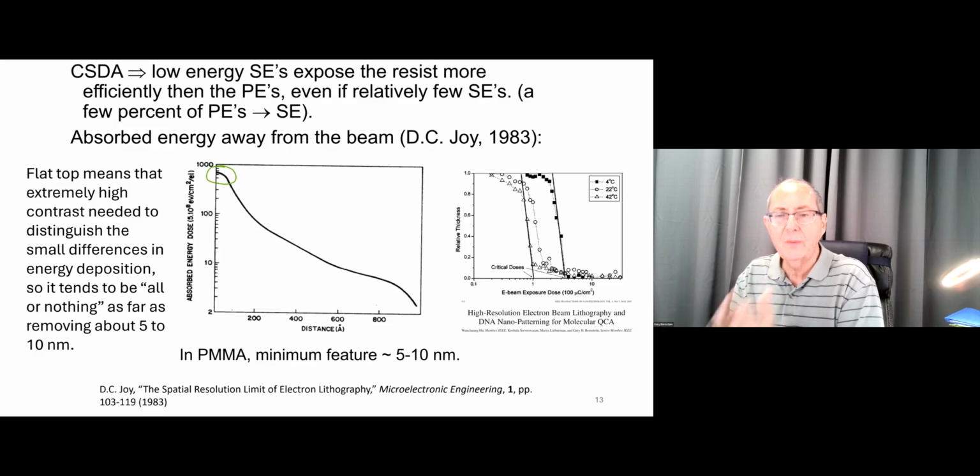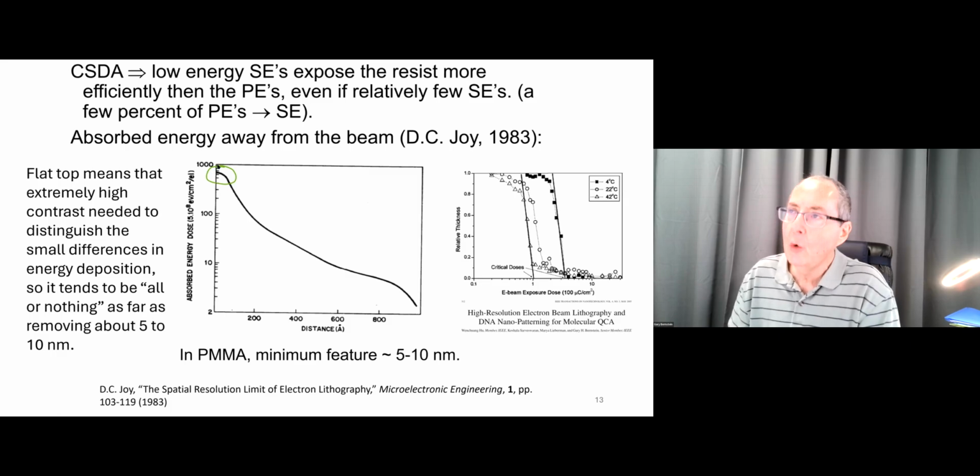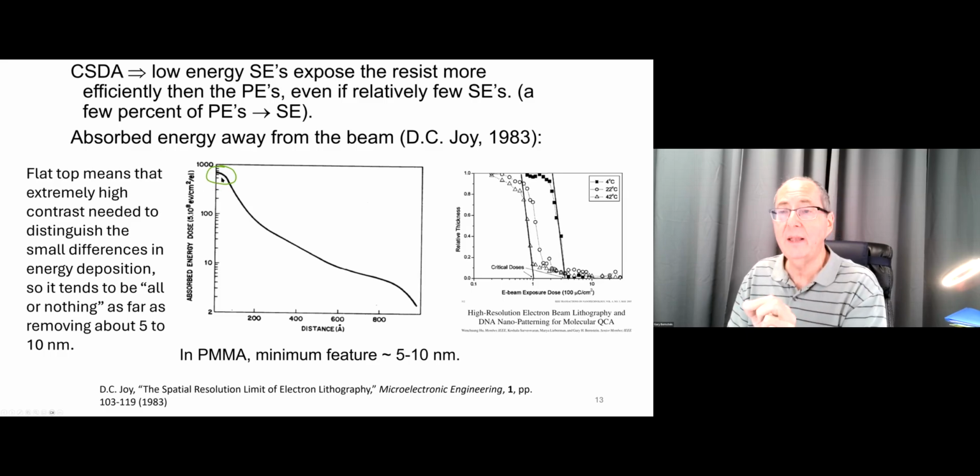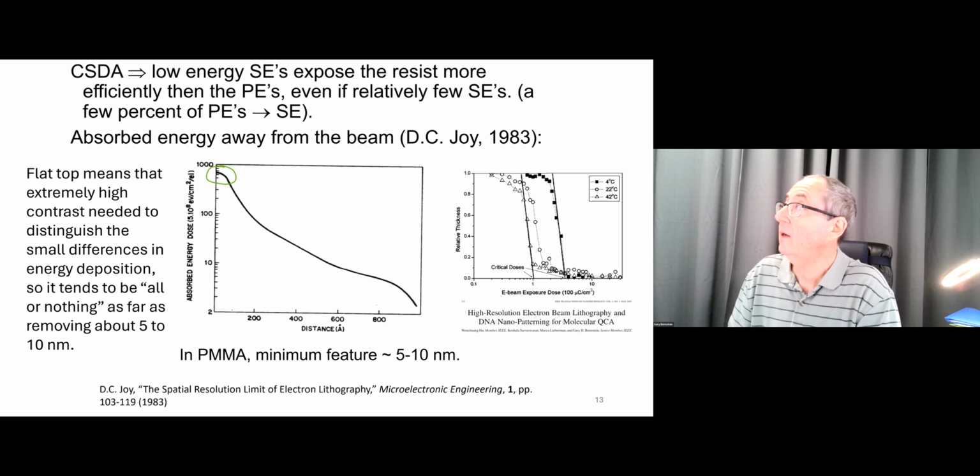And this, to me, explained why, for dozens and dozens of papers that I had seen many years ago about E-beam lithography, nobody ever reported any single line that was less than 10 nanometers in PMMA. So it's good to keep in mind what really is going to limit your dose for a single isolated line. Now, for lines that are very close to each other, the problem gets even worse in ways that I'm going to talk about in a little bit.